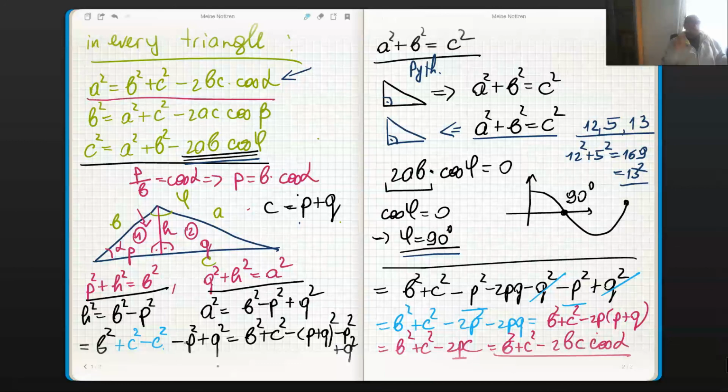So once again, that's the proof, and also a very important application of the cosine rule: not only being able to compute, with two side lengths and the angle in between, all the other values in the triangle, I can also use it as a reverse statement of the Pythagoras theorem.